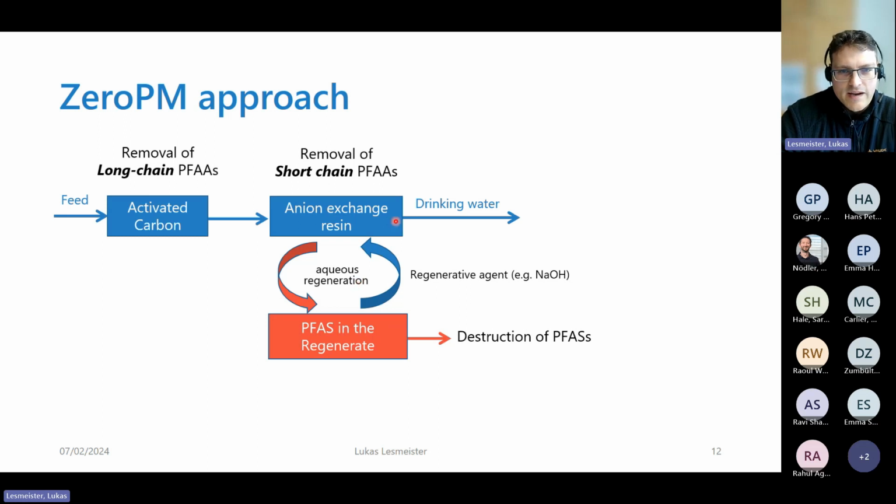We want to pair the anion exchange resin with another adsorption material in front of the actual anion exchanger, in this case activated carbon.